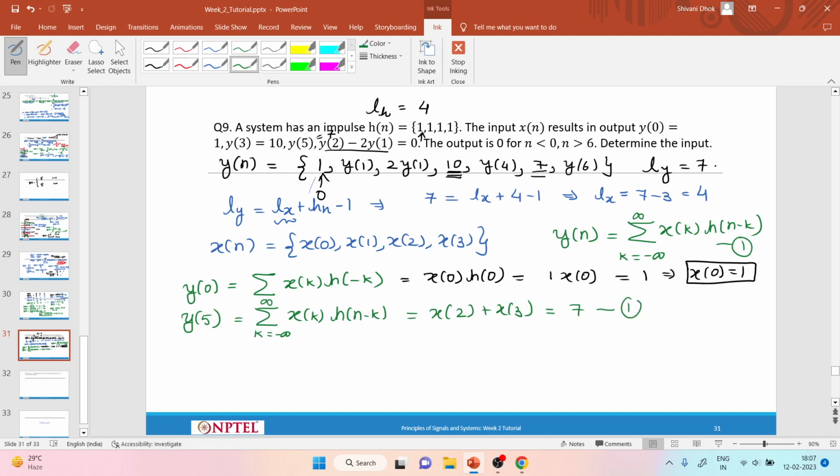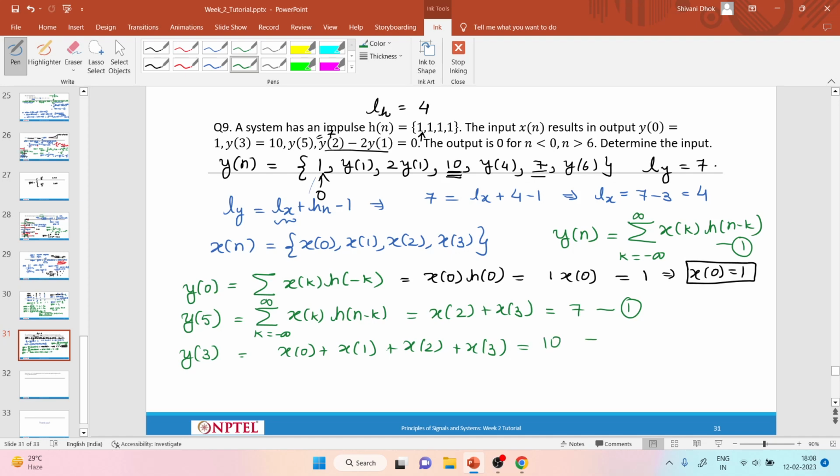So let us keep this equation as it is, and now let us try to find what is y of 3, because we have its value here. So if you solve this, you will obtain this as x of 0 plus x of 1 plus x of 2 plus x of 3. I request you to just solve it by yourself once, because due to time restriction I'm just providing the solution of it, and this is equal to 10.